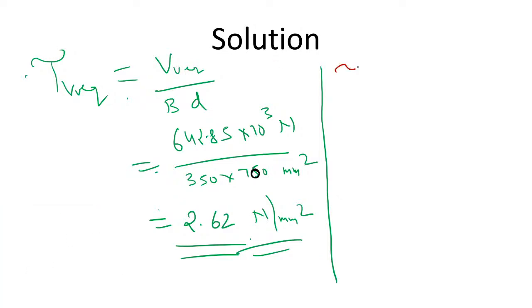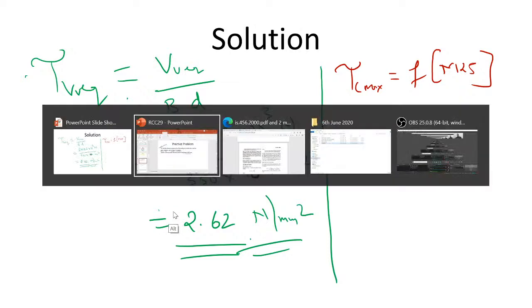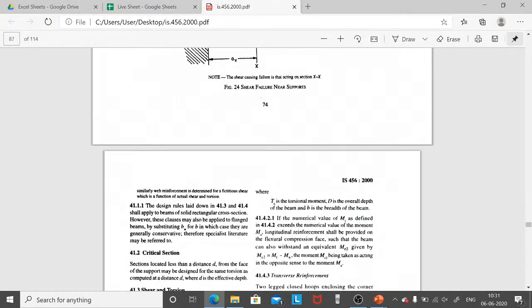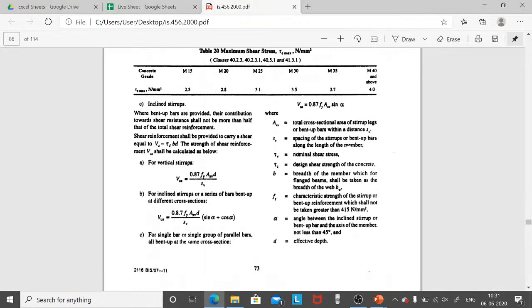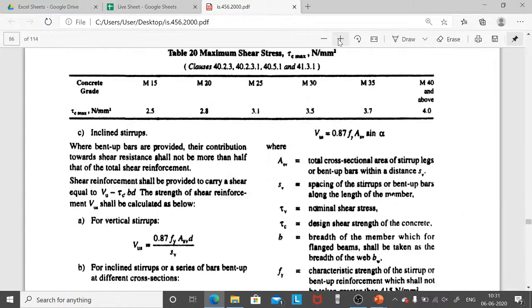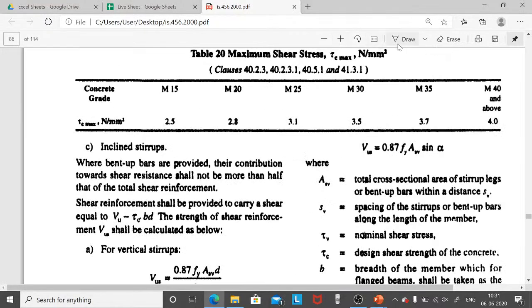What about here the value of tau C max? So here tau C max is a function of grade of concrete only. By looking into the IS code and referring to table number 20, all of you can see that here we are safe.